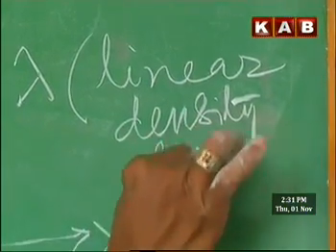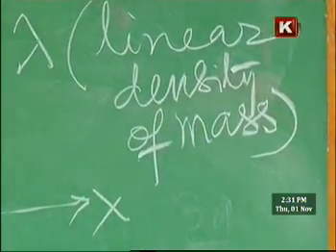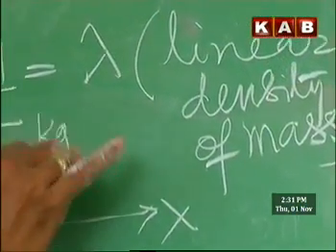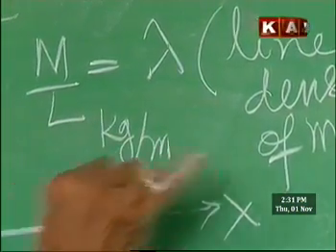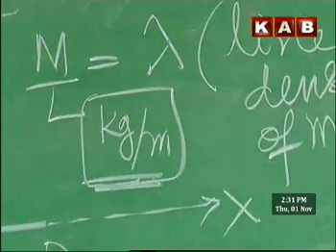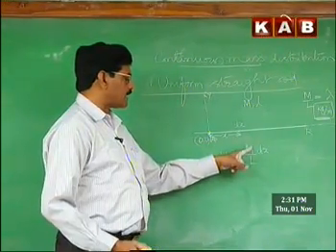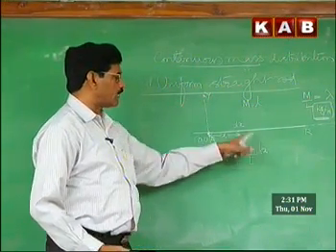It is the mass divided by the length over which it is distributed. Units are, in the SI system, kg per meter. These are the units of the linear density. Therefore, the mass of this element is the linear density of the rod into the length of that element.